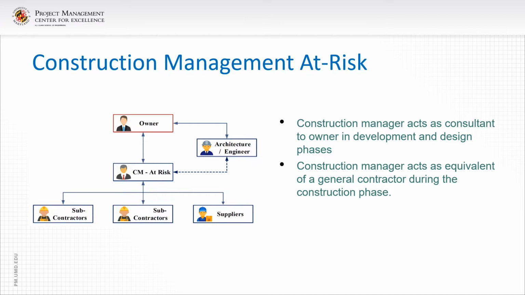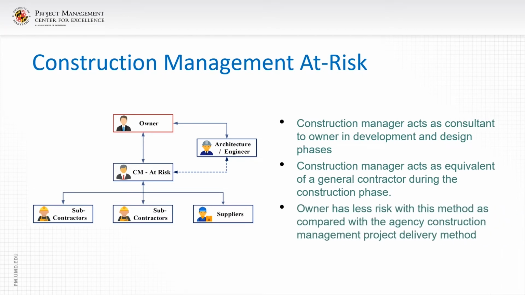So the construction organization that worked in the design is very familiar with the project and really can control it much better because of that advanced knowledge. And finally, the owner has less risk with this method as compared with the agency construction management project delivery method.